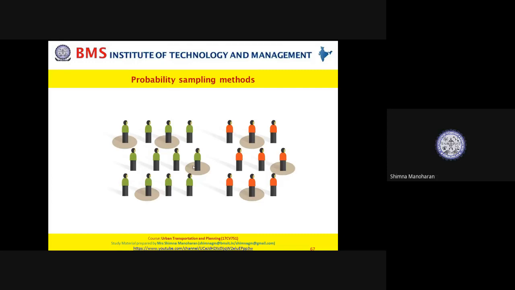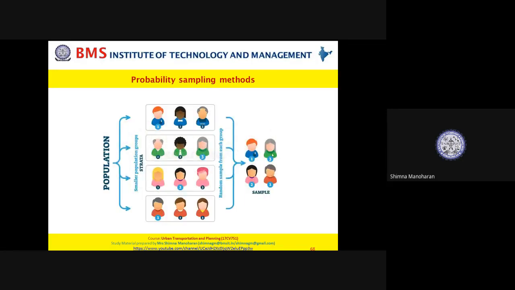Stratified, ma'am. Yeah, it is stratified sampling. Good, good. Here you divide the entire population into different strata, and from that you choose three from this strata and three from this strata. Good. Thank you.